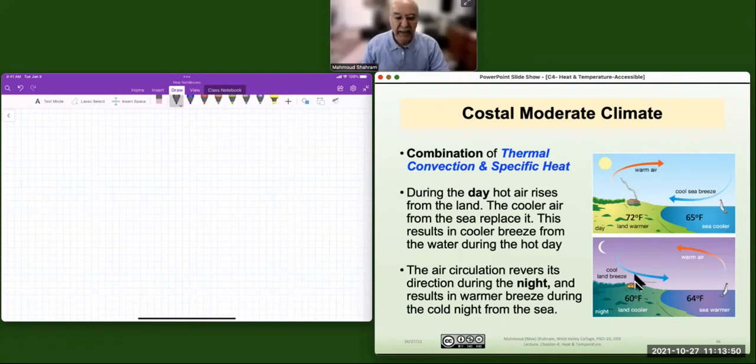Now the air is colder near the land, but compared to the air over the sea, it is warmer. So what happens then? A reverse convection happens, and the warmer air comes in and you feel not as cold. So this is what we call moderation of climate in coastal communities.